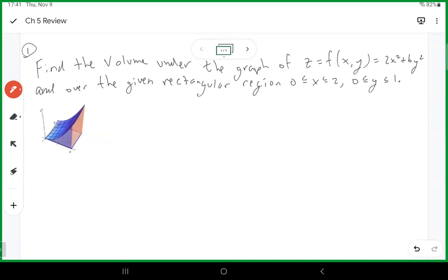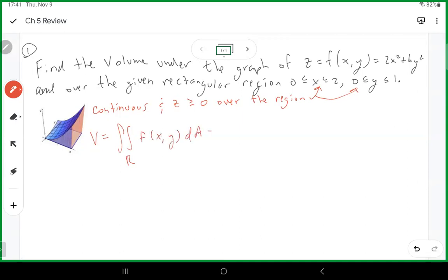So since z equals f of x, y is continuous, and z is greater than 0 over the region R, the volume V under the surface would be found as V equals the double integral over R of f of x, y dA.